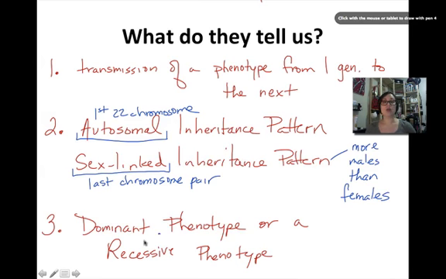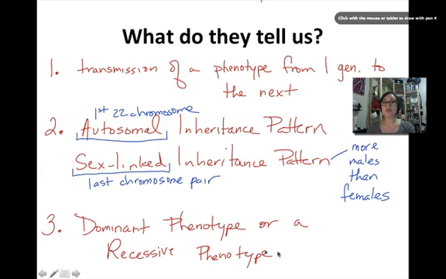Remember that when Mendel was working with his pea plants, whenever he was dealing with a recessive phenotype, let's say height, a short pea plant is recessive, sometimes when he would cross them, that recessive allele would disappear. So you wouldn't actually see it in the expression or the phenotype of that individual. So it would actually be present in one generation, disappear in the next generation, and then reappear again.